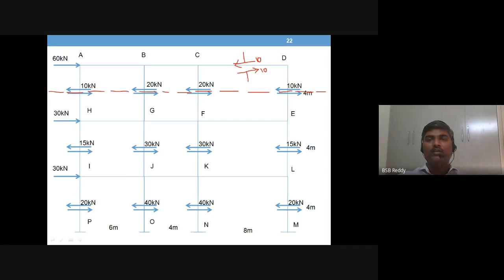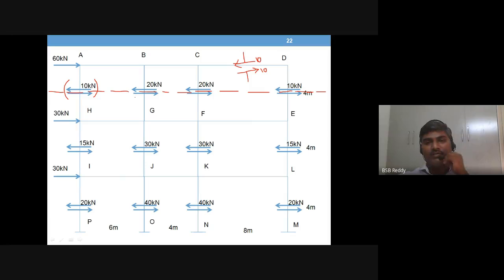Now if you join these two, you don't see anything, right? That is the free body diagram concept. When you have all the parts connected, you don't see any internal force. Once you separate them, you can see the internal force. That's a free body diagram. That's why you have got the two arrows at each column section.